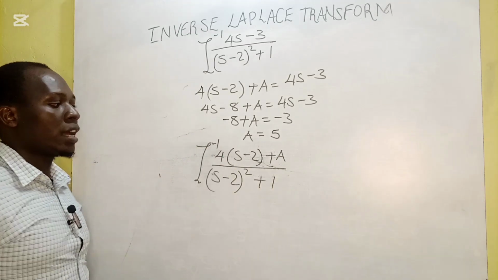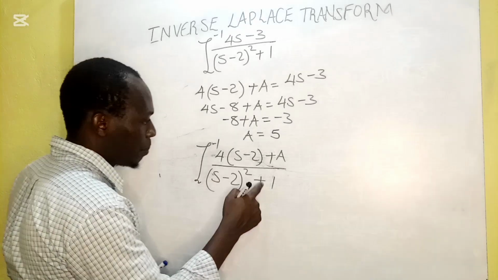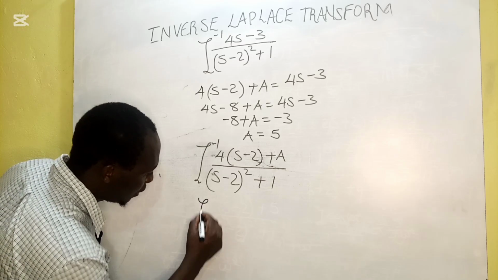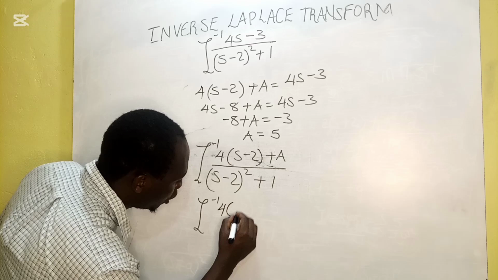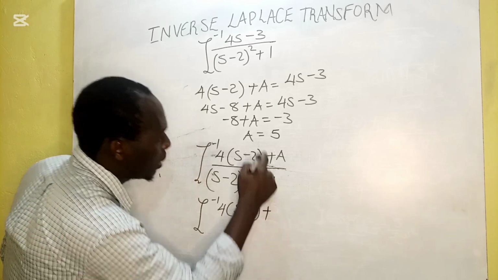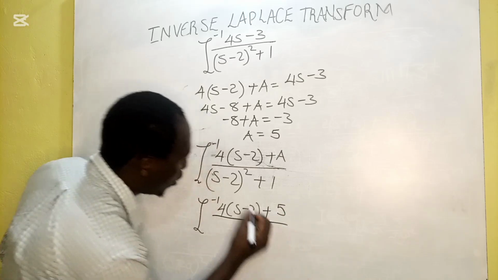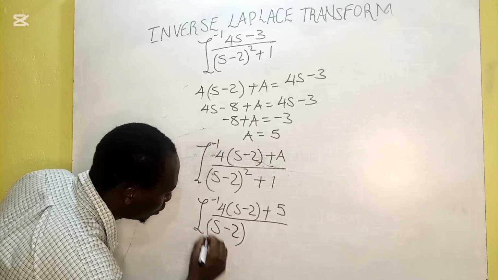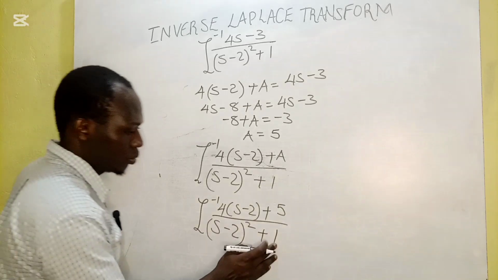This is how we can rewrite our numerator and relate to the shifting method. But our value of a was equal to 5, to mean that the inverse Laplace transform of 4 into s we subtract 2, we come and add, here we are having a positive of 5, all over s we subtract 2, everything squared, we come and add 1.